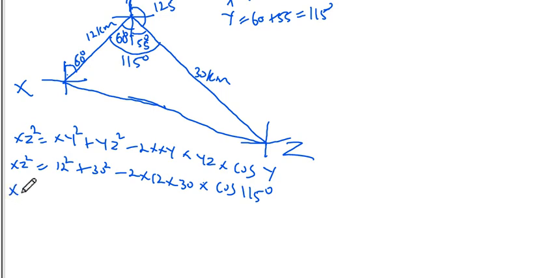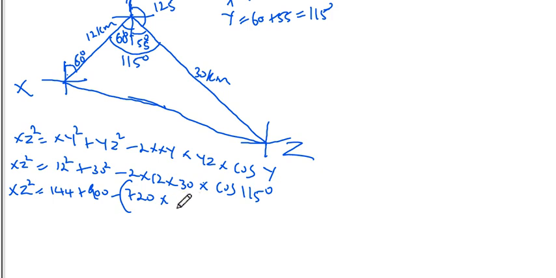degrees. So XZ squared is equal to 144 plus 30 squared is 900, minus 2 times 12 times 30, that's 720, let's enclose this in bracket, times cos 115.